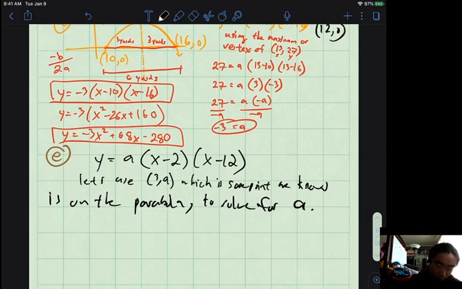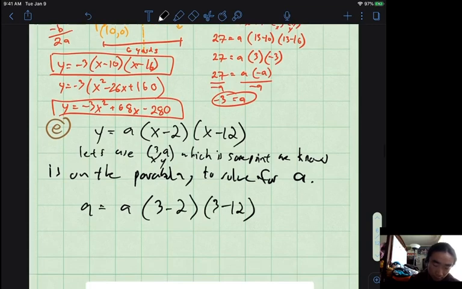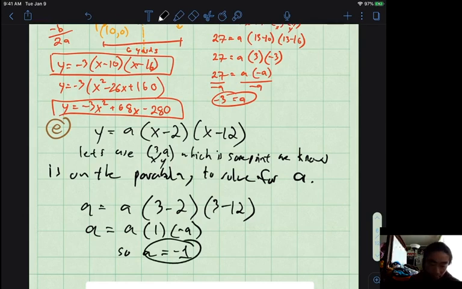So there's your x, there's your y. 9 equals a times (3 minus 2) times (3 minus 12). 9 equals a times 1 times negative 9. So a has to equal -1. I skipped some algebra steps there. So your final equation is y equals -1 times (x minus 2) times (x minus 12).